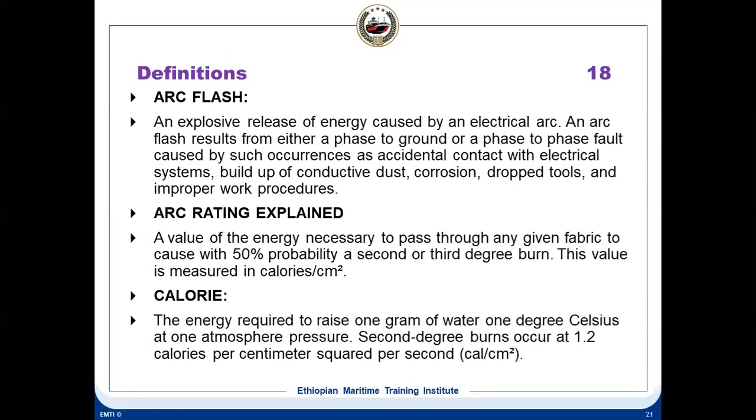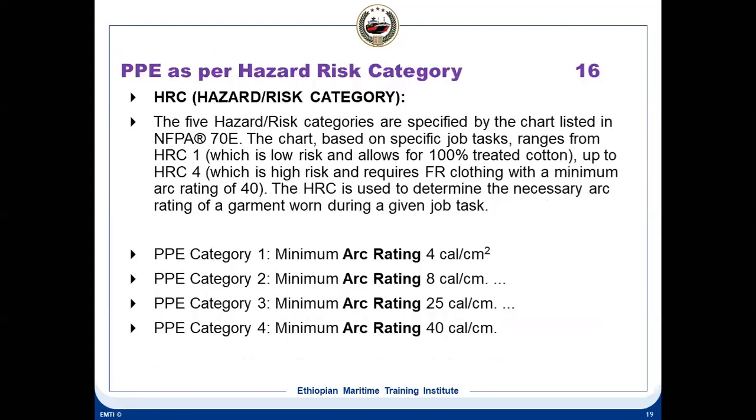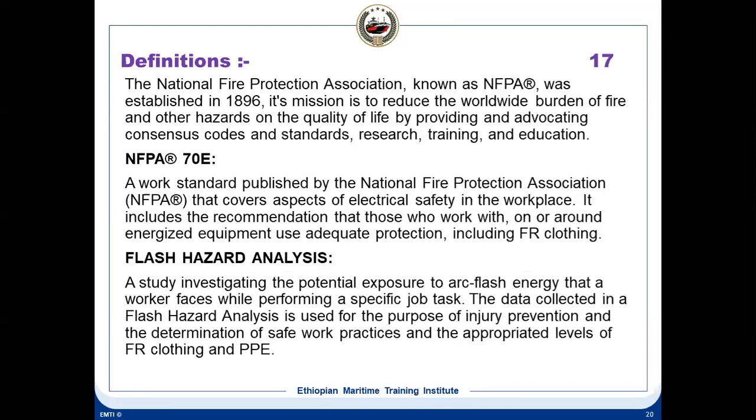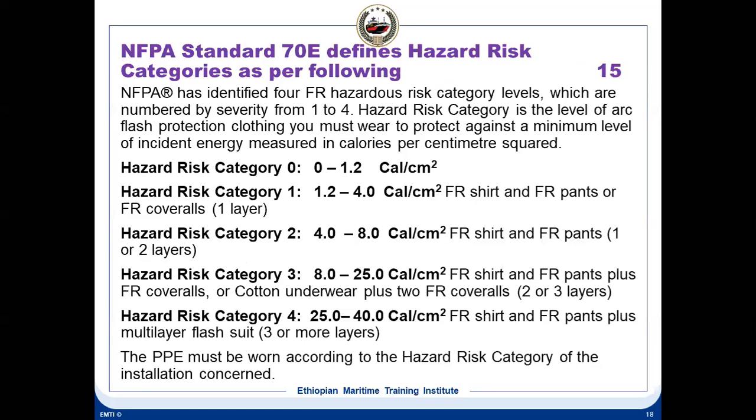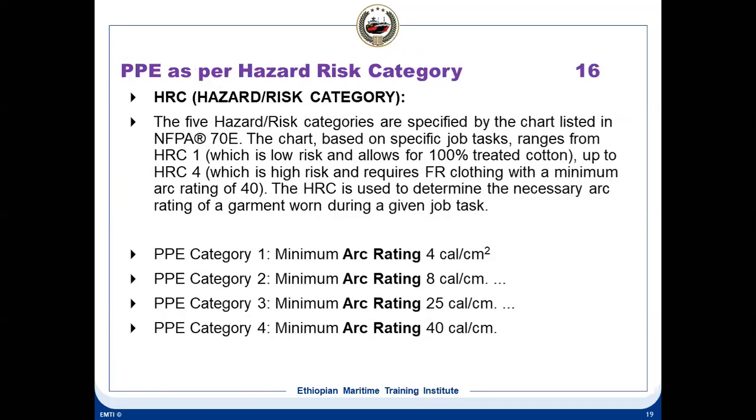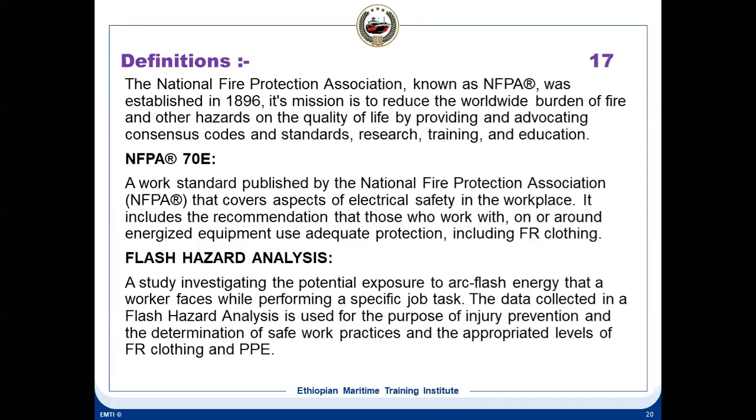So I hope you understood what PPE we use, what the various hazards are, and the hazard categories, category 0, 1, 2, 3, 4, and what PPE is to be used. I have listed the various PPEs.